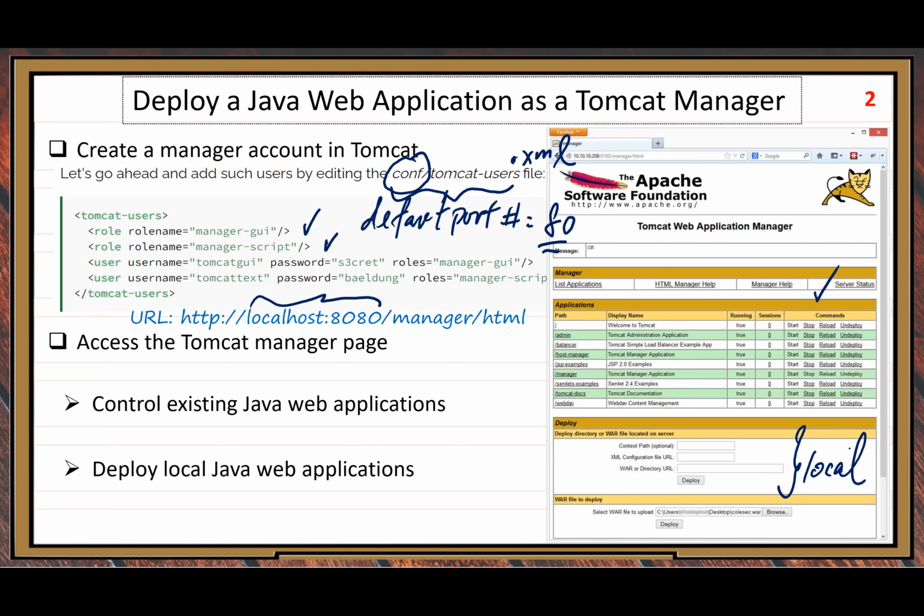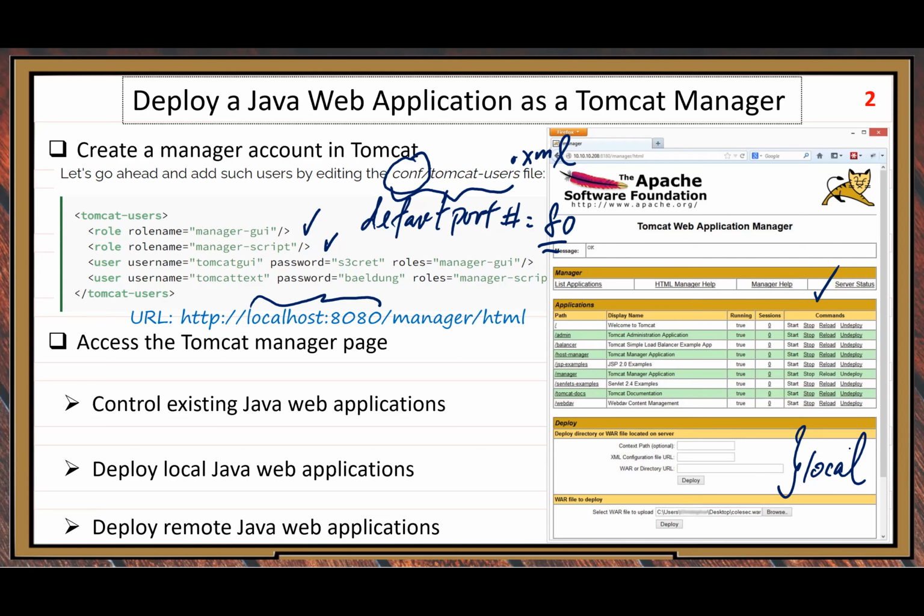But we are interested in remote web applications, because people work in remote locations, not necessarily the same location. People can work anywhere in the world. So you can use the third way to do the deployment: just upload from your local machine.